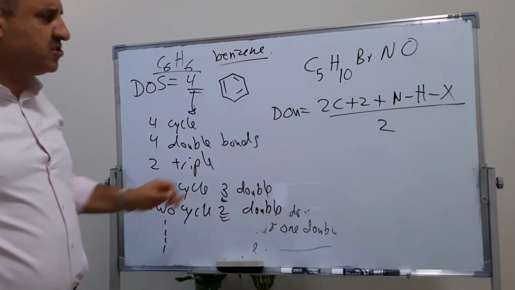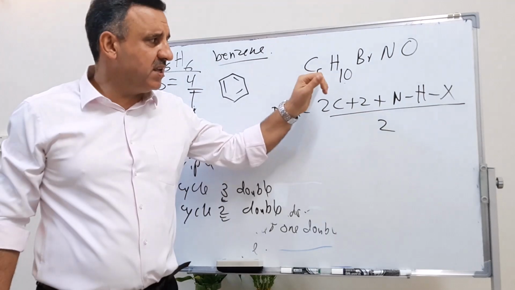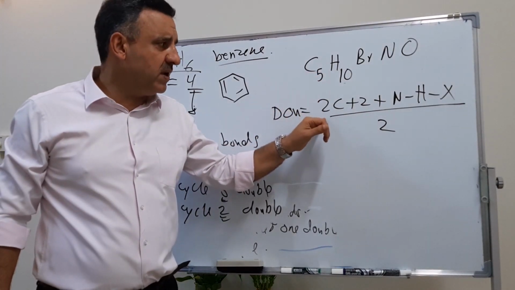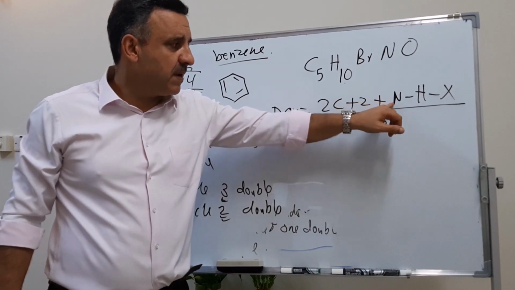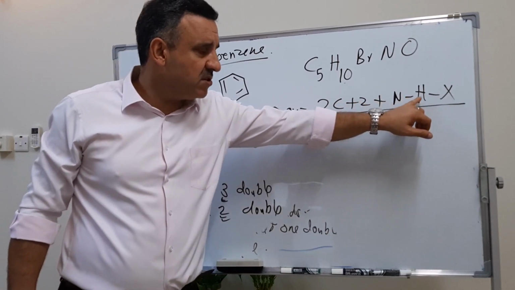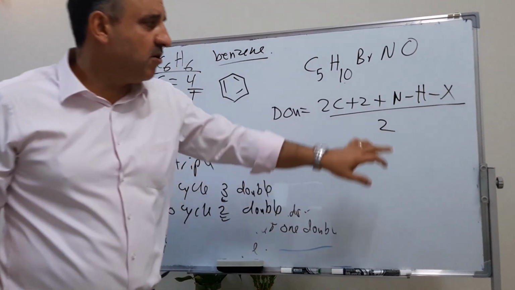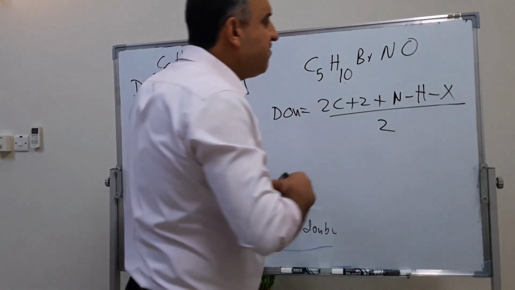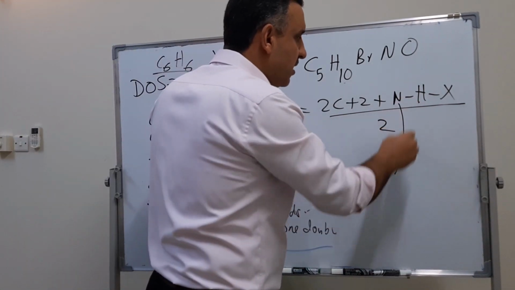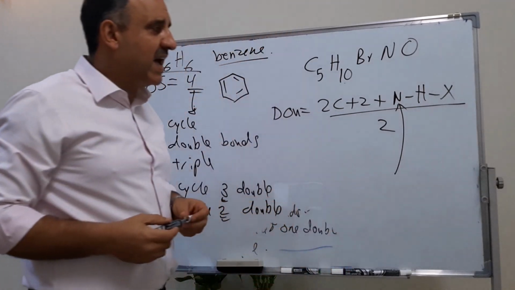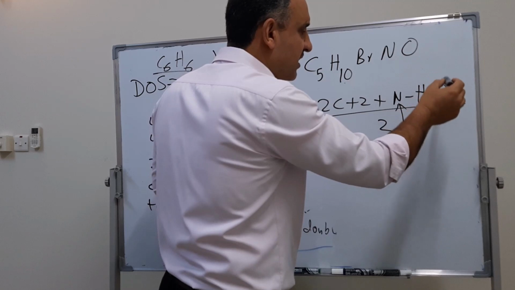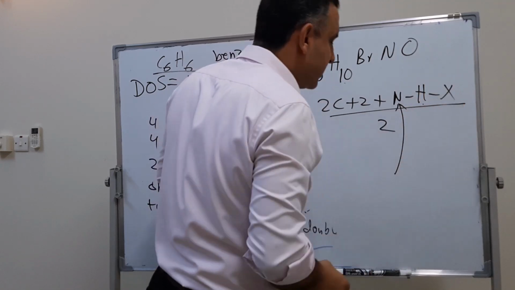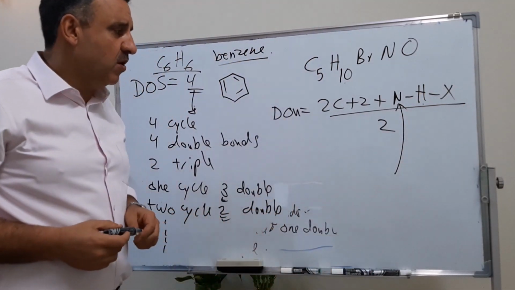Regardless of the molecular formula, we can always calculate it this way: 2C plus 2 plus nitrogen minus hydrogen minus X over 2. What does that mean? If you have nitrogen, you must add it. Here we subtract hydrogens, and here we subtract halogens, and then we divide by 2.